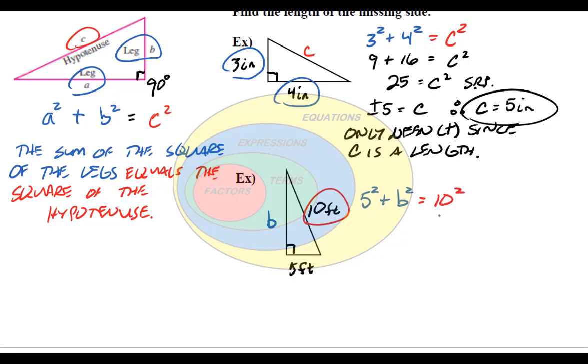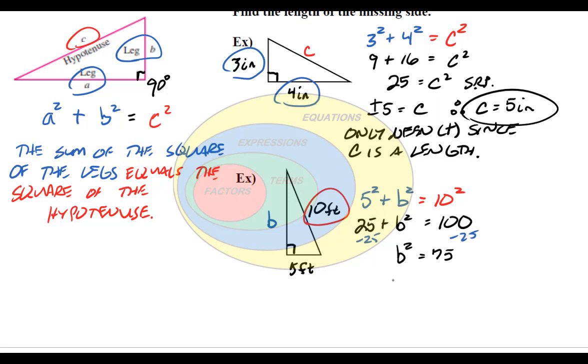So 25 plus b squared equals 100. Subtracting 25 from both sides, we get b squared equals 75.